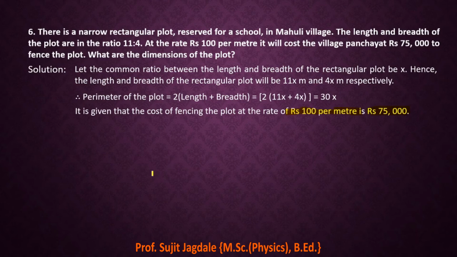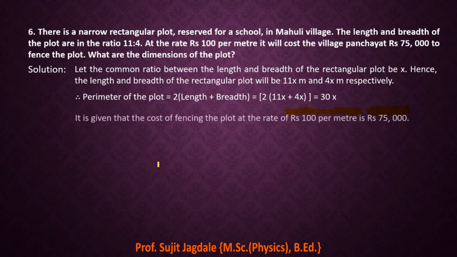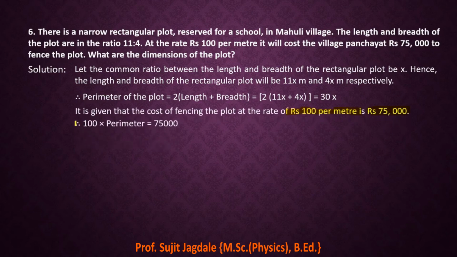So therefore the total length, that means perimeter into 100, will be the total cost 75,000, because the rate is 100 per meter. So 100 into perimeter is equal to 75,000. 100 into 30x is equal to 75,000. So we have just put the value of perimeter, which is 30x, in the given equation.